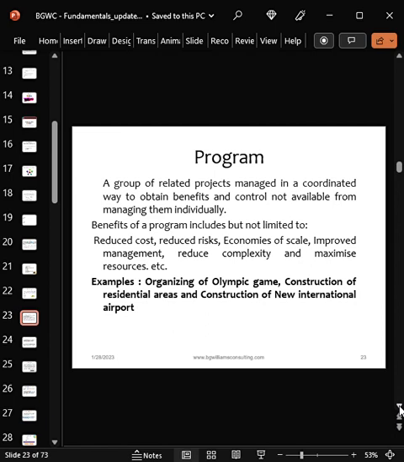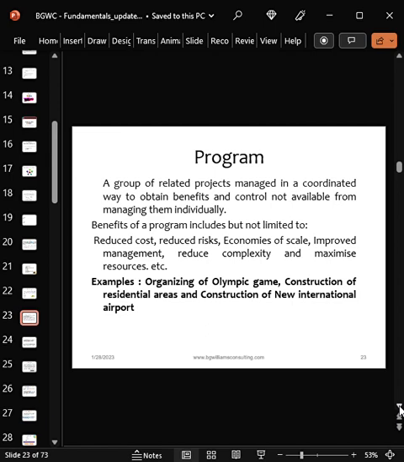Okay, yeah, in addition to that, all right, I would like you to also note that a program, as you have said, is a group of projects, but take note, the key word in that definition is that a program is a group or a collection of related projects.